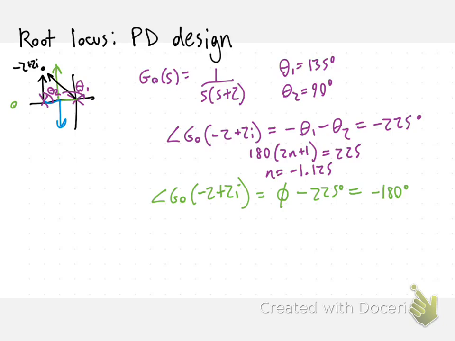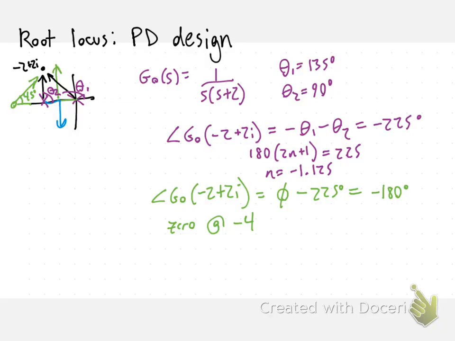This happens if we had a 0 at negative 4. If our 0 is at negative 4, we now have a 45-degree angle, and because it has a 45-degree angle, it will now be on the root locus.